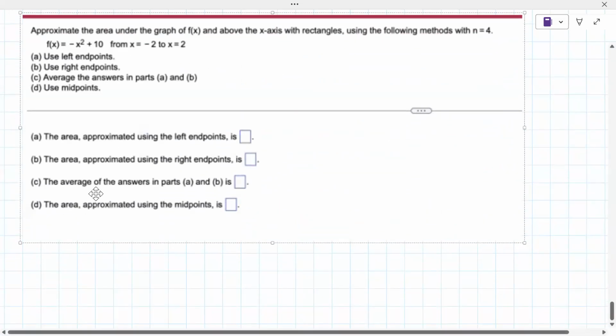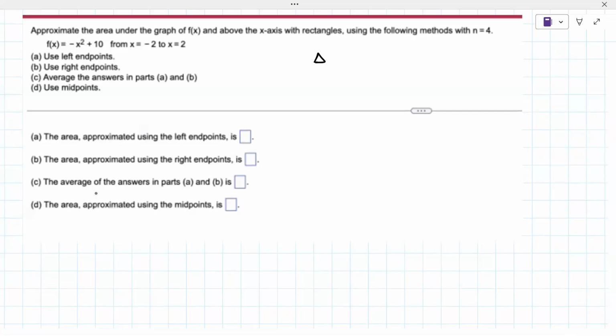The way to do it is you first figure out what's called delta x, which is b minus a over n. This is a, this is b, this is n. So it's 2 minus negative 2 over 4, which is 1.